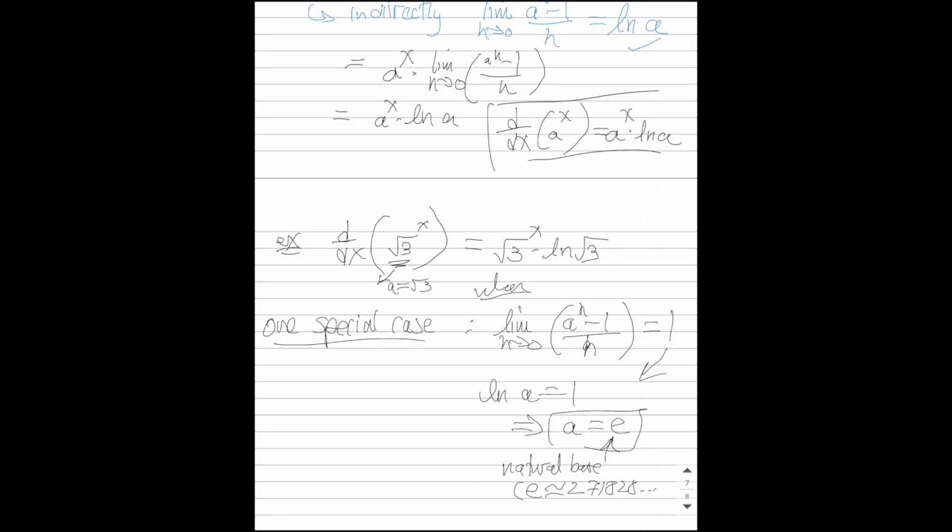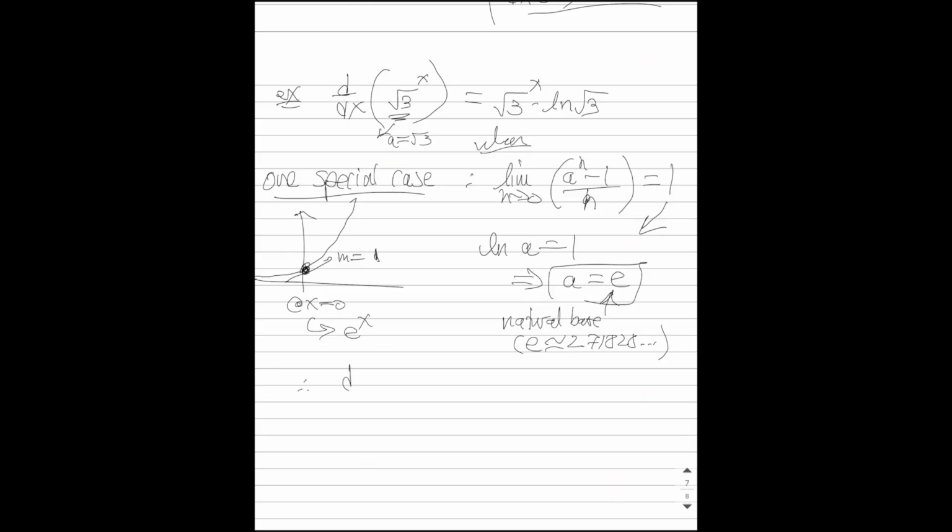In terms of a picture, that says that the slope of the tangent line is equal to 1 at x equals 0. That means I would need to use the natural exponential. And because of this, we end up with a very special rule as well, that if we ever needed to take the derivative of the natural exponential, the natural log of e is 1, so the derivative of the natural exponential function is itself. So that is another very, very, very important rule.